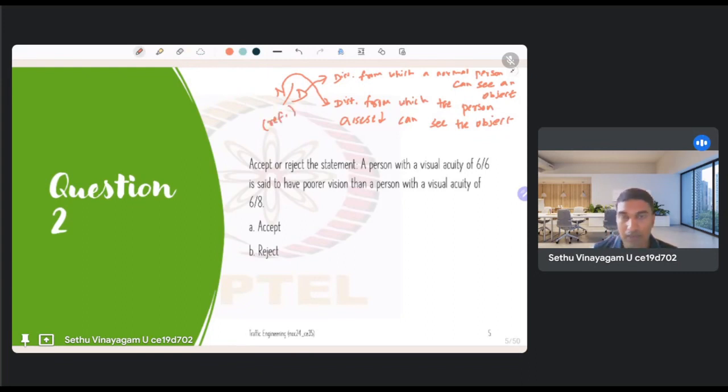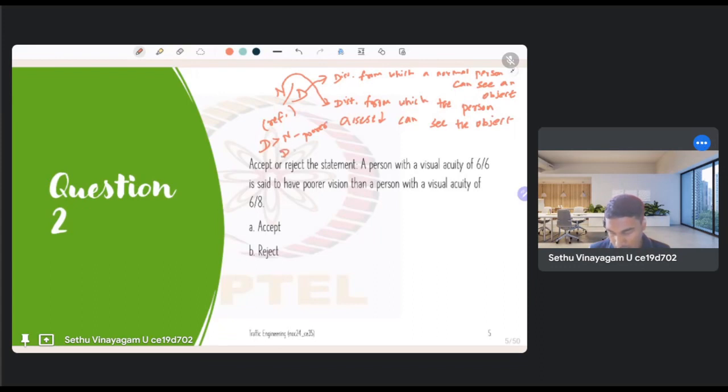The numerator is for the person who is getting assessed. Okay. So in that case, if the denominator is greater than the numerator, what does this mean? A normal person can see from a farther distance than the person who is getting assessed, right? Which means this person has to get closer to the object in order to see it. So this is a poorer visual acuity.